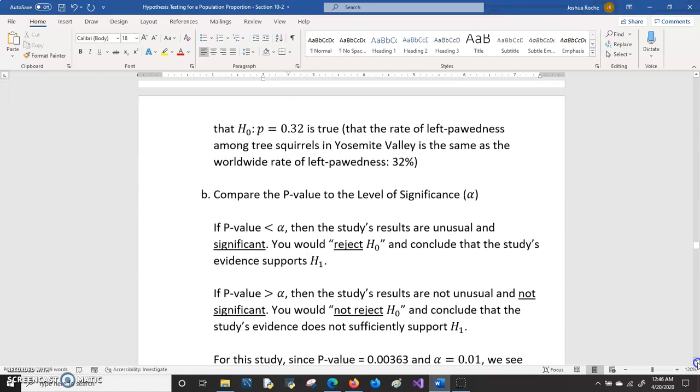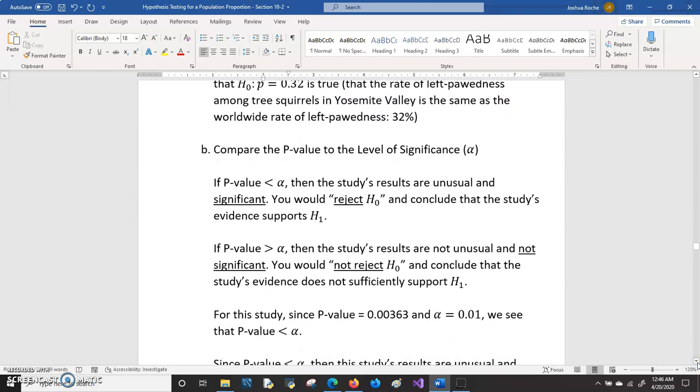So now that you have the p-value, you would compare that to the level of significance, or the alpha. And remember that these comparisons are always going to be true. If your p-value is less than alpha, then that means your results are significant and you reject the null hypothesis. If the p-value is greater than alpha, then that means your results are not significant and you do not reject the null hypothesis.